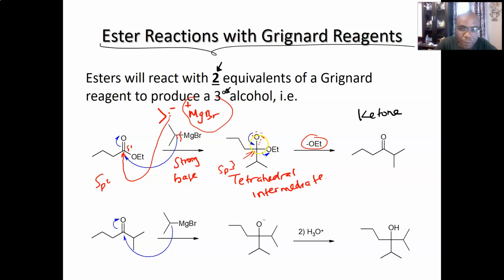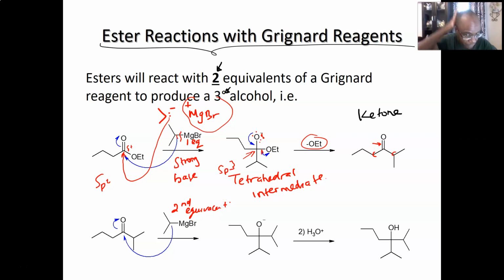So you make a pi bond, the OEt leaves, not the R group, because oxygen is more electronegative than carbon. So you make your pi bond again, which creates the carbonyl, which happens to be a ketone because you have carbon-carbon carbonyl. Next, so this was the first equivalent. Next is the second equivalent.